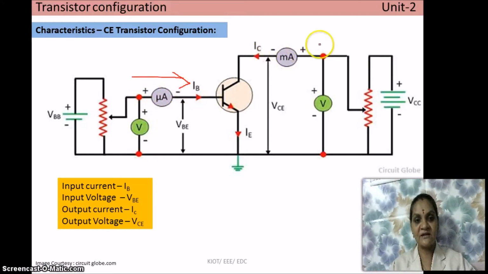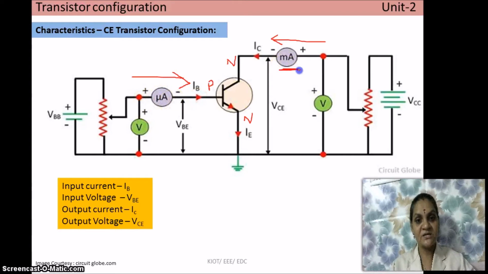And here the collector current is moving in this direction, entering positive, leaving negative. And the transistor I have considered is an NPN transistor. In an NPN transistor, current flows away from the emitter terminal. That's why the emitter current is away, and the base current is going in this direction and the collector current in this direction.